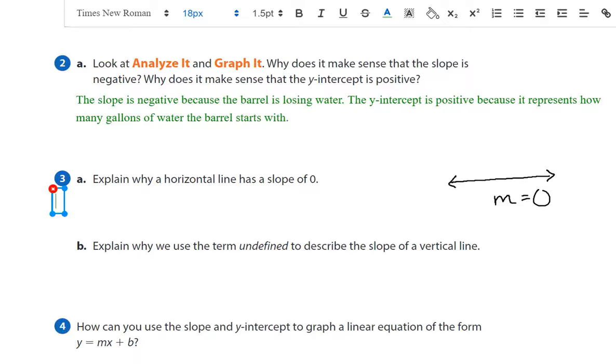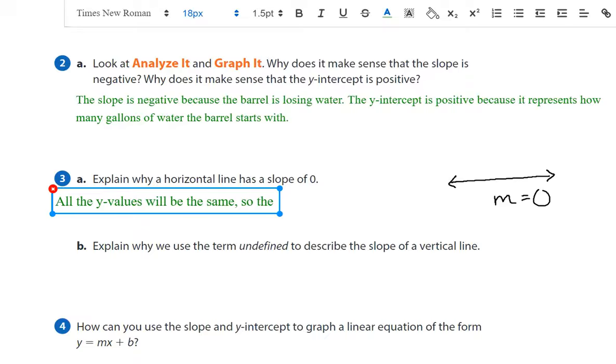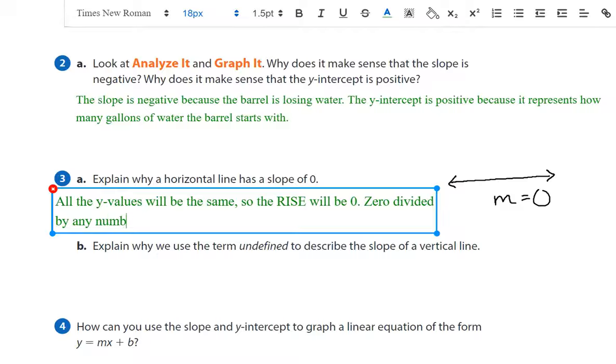How can we phrase this in words on paper? All the y values will be the same. So the rise will be 0. And if it's rise over run, then it's 0 divided by something. So 0 divided by any number will be 0.